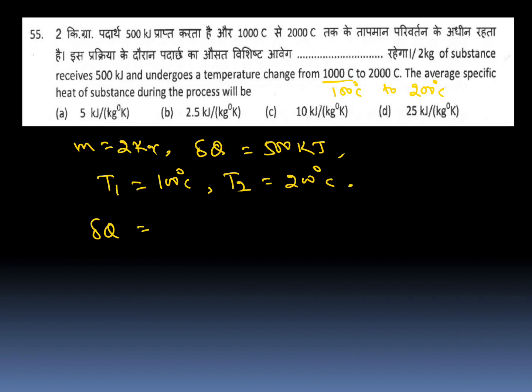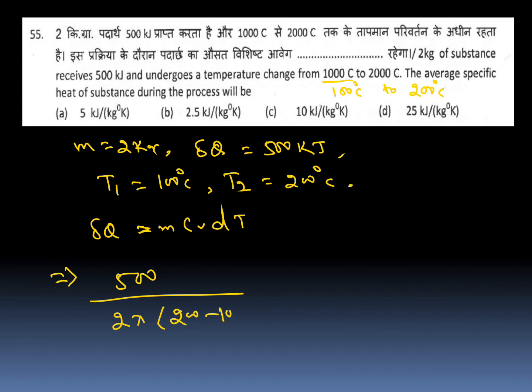So regarding work done, nothing mentioned. dQ is mCv dT. 500 divided by mass 2 kg, 2 into dT, which is 200 minus 100.